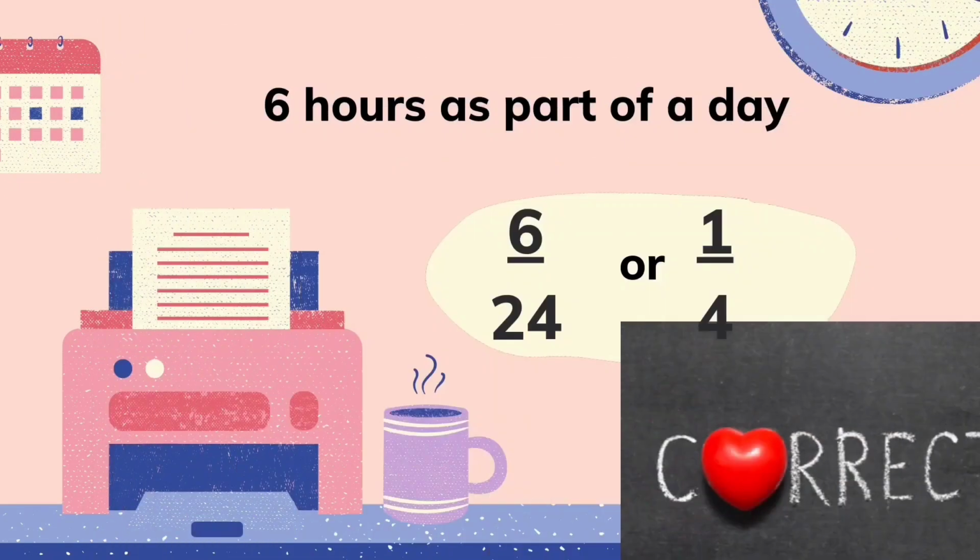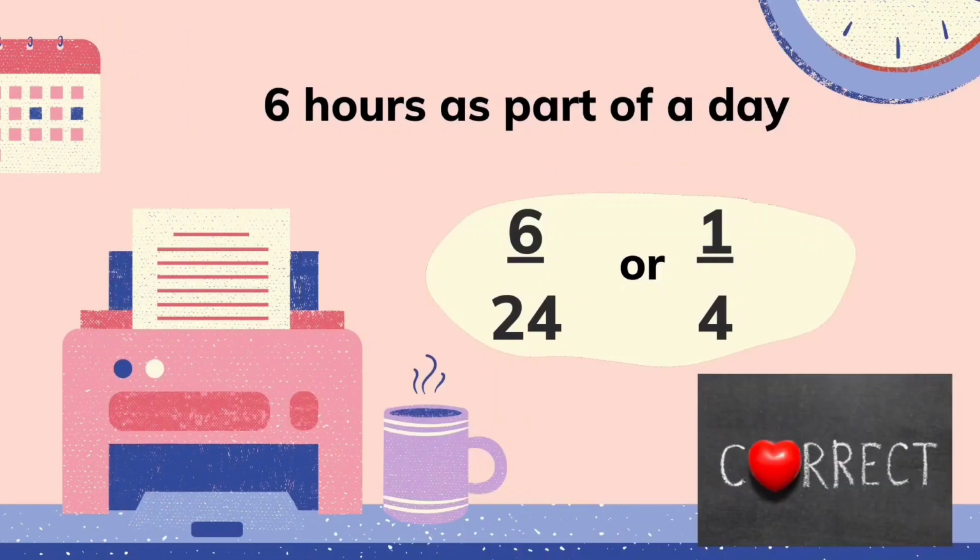The answer is 6 over 24 because we have 24 hours in a day. So you have 6 hours over 24 hours or 1/4. That is correct.